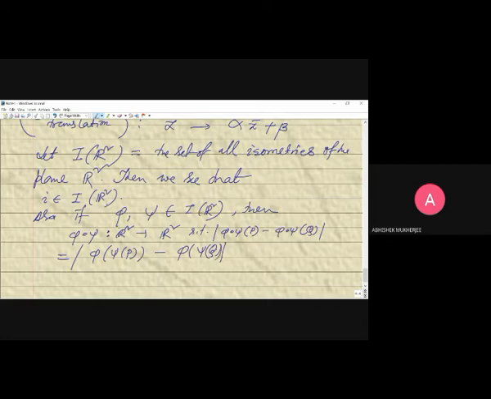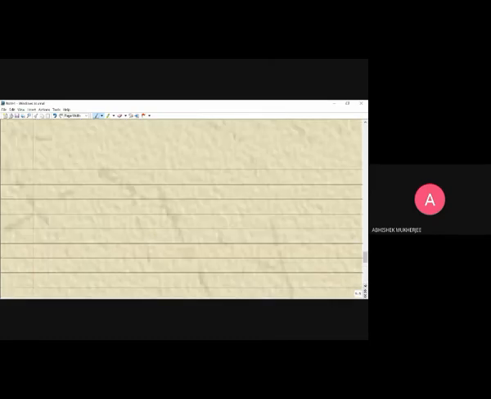Now since phi is an isometry, it is |psi(p) - psi(q)|, and since psi is an isometry, it is |p - q|. So that means phi compose psi belongs to I(R2), right?